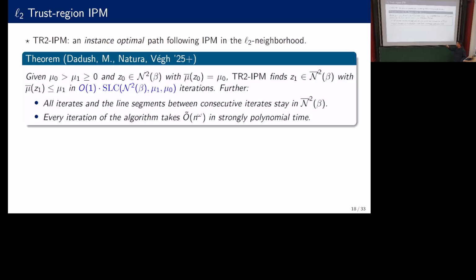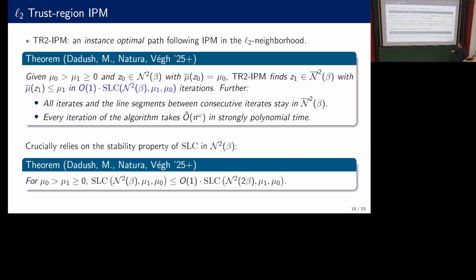And then every iteration of this algorithm can be implemented in strongly polynomial time with the running time n to the omega. And this crucially relies on the stability property of the straight line complexity in the L2 neighborhood, which we also established.